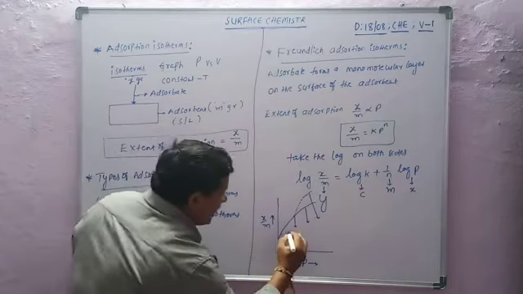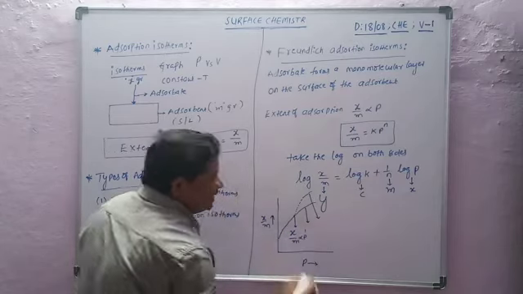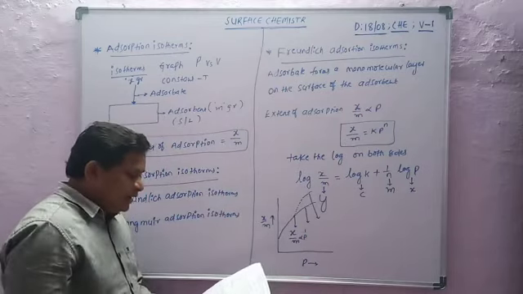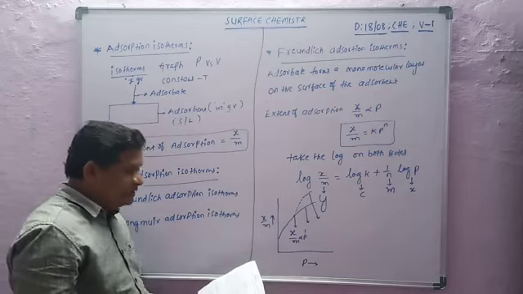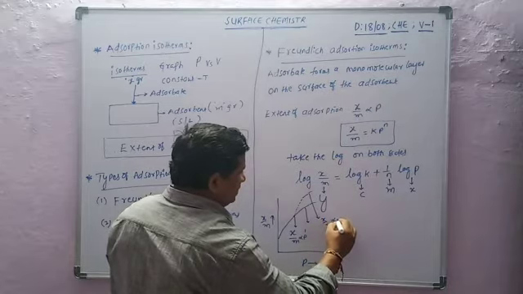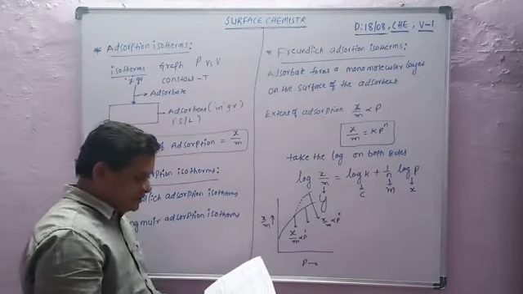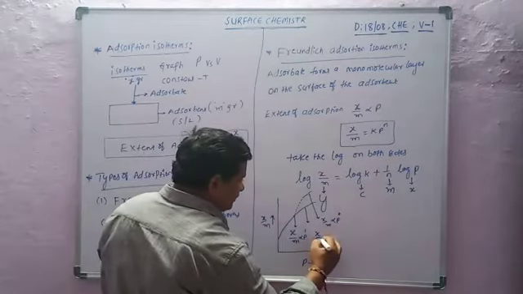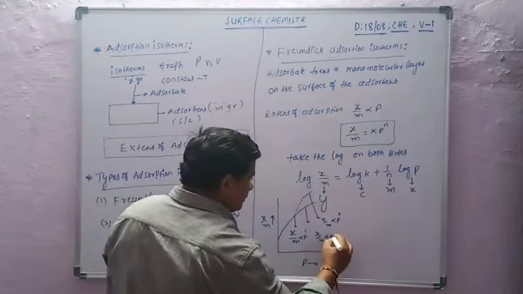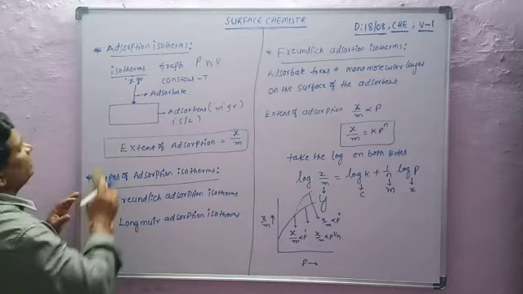At low pressure, x by m is directly proportional to P power 1. At high pressure, x by m is directly proportional to P power 0. At moderate pressure, x by m is directly proportional to P power 1 by n.